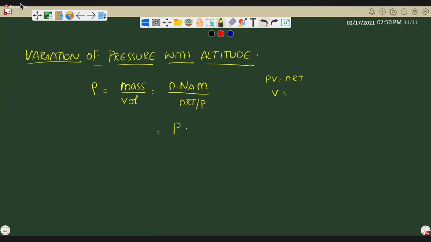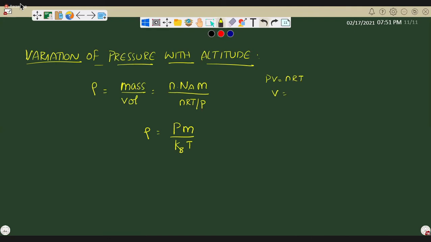So P times the mass of one molecule divided by the Boltzmann constant times the absolute temperature is the density. That's how to become very easy with your subject. I'm deriving the whole gas law from the basic formula of mass by volume. Is it clear?